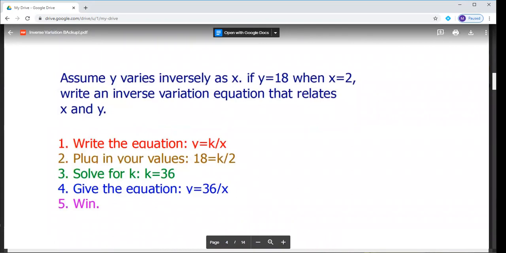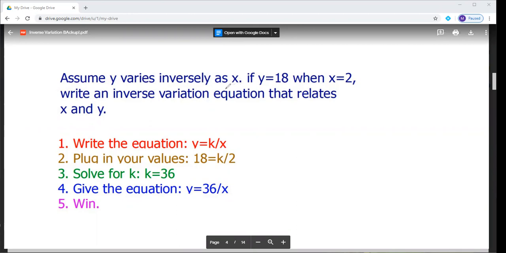Here we have, for those of you who like steps, the steps. And also, for those of you who hate the weird language, we have practice with the weird language, okay? So let's choose a cool color here. Let's pick dark green. All right. Assume that y varies inversely as x.